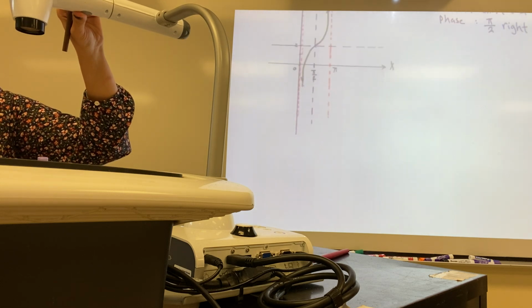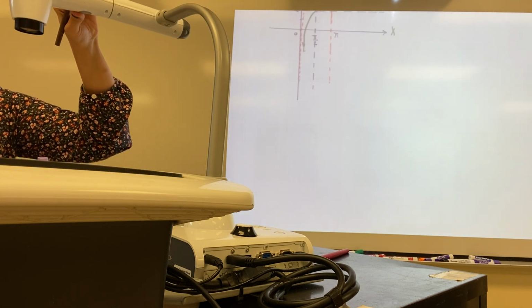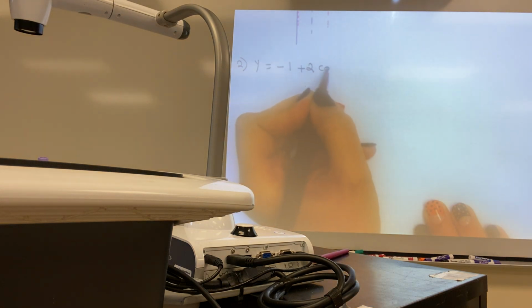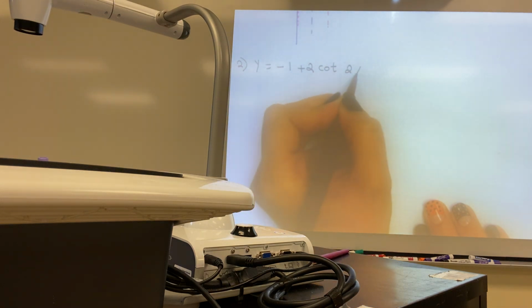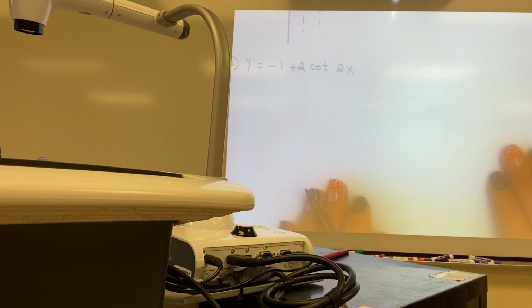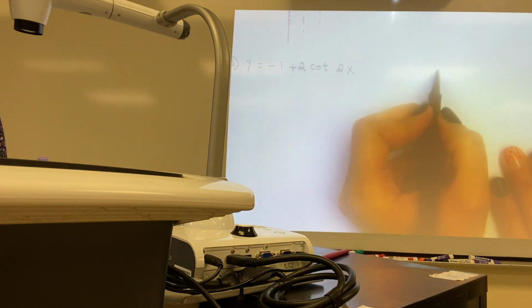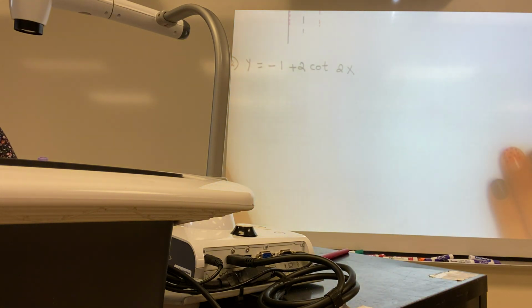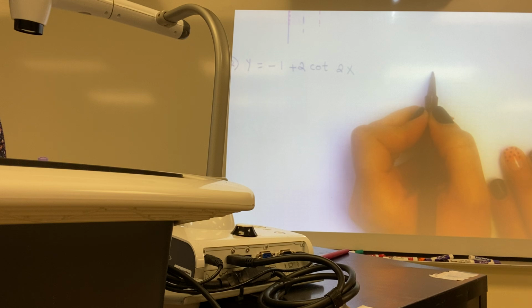We will do a cotangent function this time. So number 2, we'll do y equals -1 plus 2 cotangent 2x. Again, we have an amplitude of 2. We don't actually label an amplitude on the tangent or cotangent function.